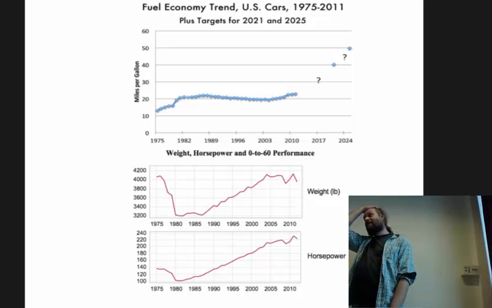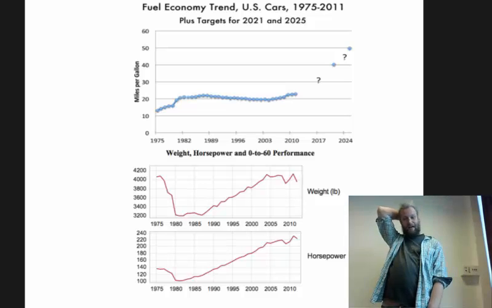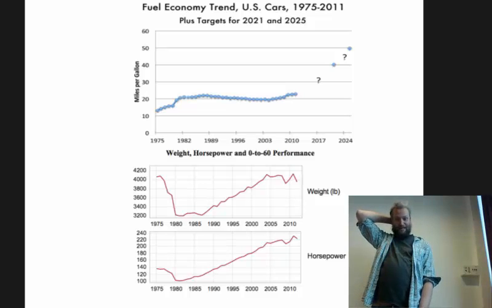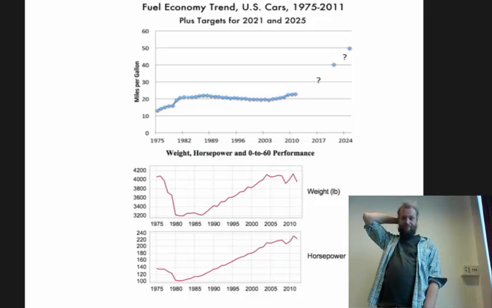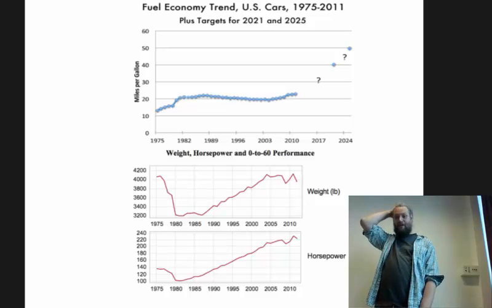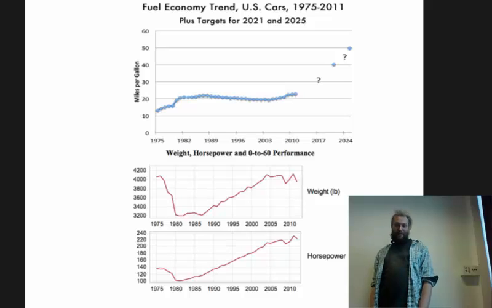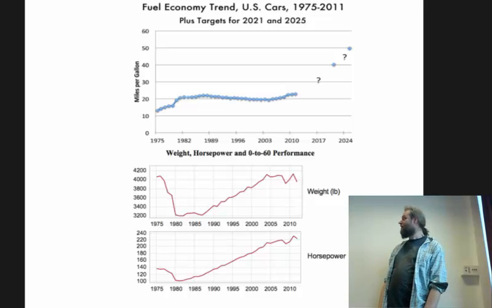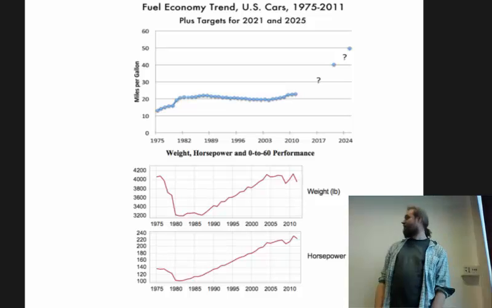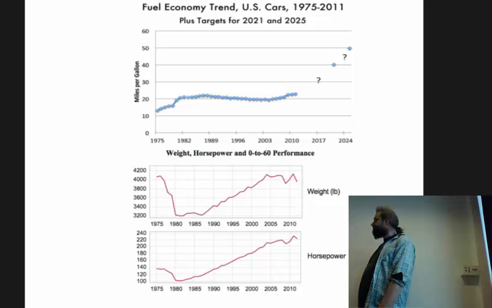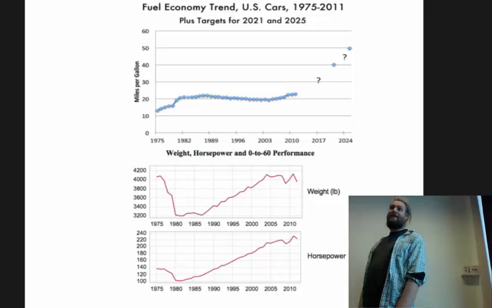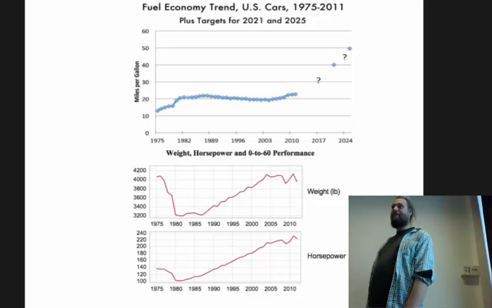The weight of the average car in the US has gone up spectacularly over the same period. And similarly, the horsepower, how fast an engine can pull things and how much an engine can pull, has also been going up quite remarkably. Actually, these three graphs combined are a remarkable feat of engineering.